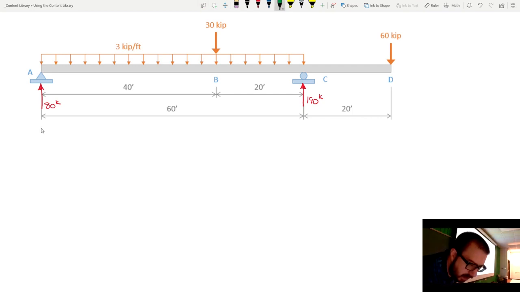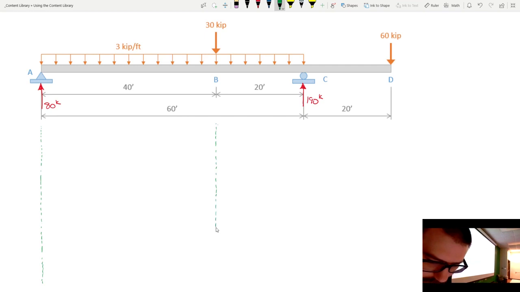So let's see, we're going to do like we did before. I'll draw some dashed lines, sort of go like this. Do one here. Do one here. And do one here. Okay.